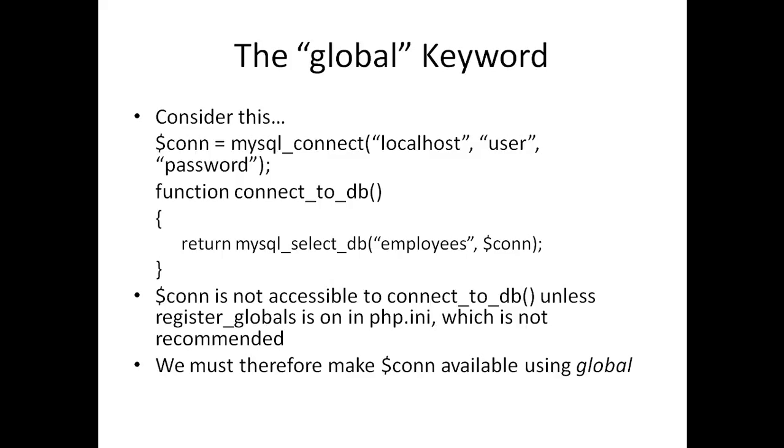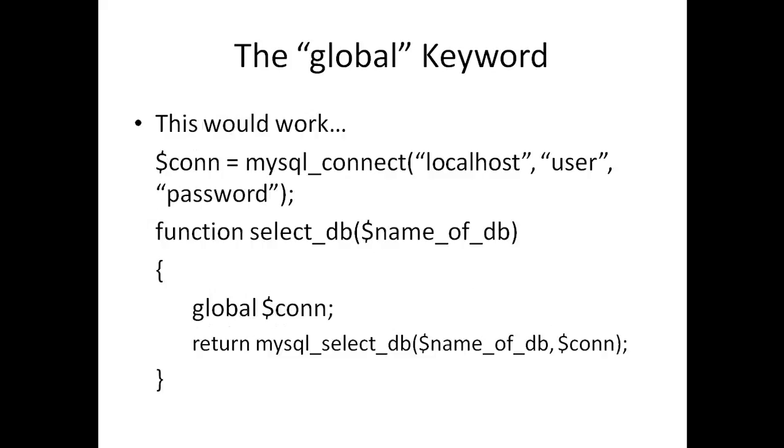So if register_globals is off, which we purposefully have, then we must make $con available using the global keyword. And this is how we do it. So this would work: $con equals mysql_connect, localhost, user, password. Function select_db, name of DB. Then inside of that function, the first thing we do is global $con; then the same return mysql_select_db, name of DB, $con.